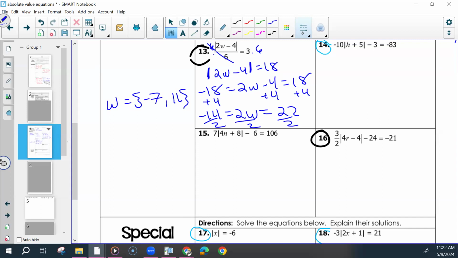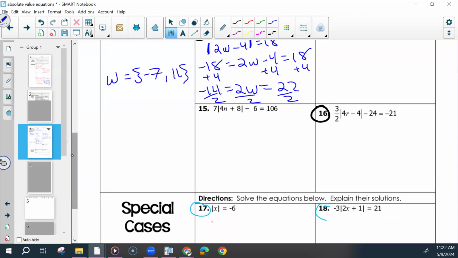For 16, we have to get rid of the 3 halves and the negative 24. What would we do first? You could do that, but I wouldn't advise doing that first, just because this may be like a 1/3 instead of 2/3, and then you might have your fractions all the way across. So let's get rid of the 24 first. By doing what? Adding.